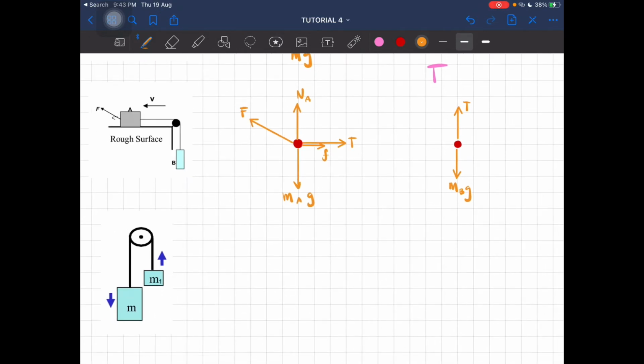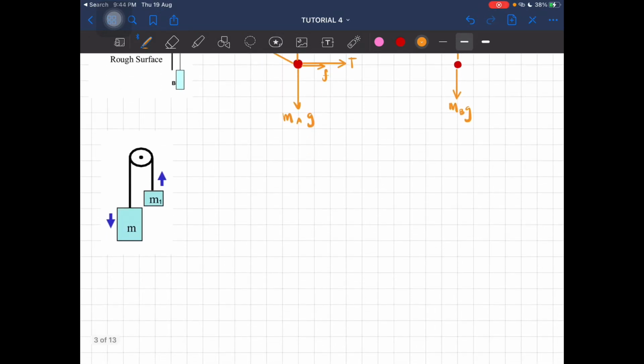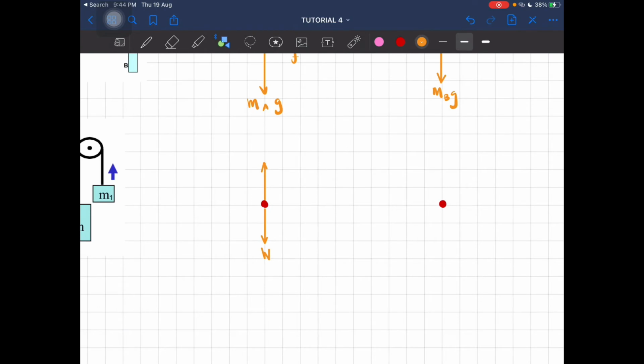Alright, now the last one. Let's draw the free body diagram for this one. So we have M, and this one is M1. M has mass, so we have the weight here, and then we have the tension. We did this in our lecture notes, so it shouldn't be a problem.